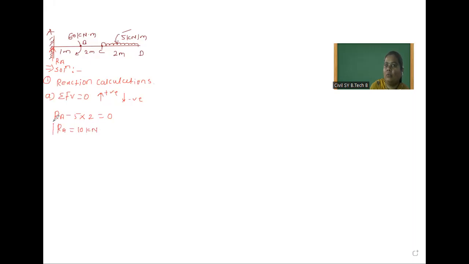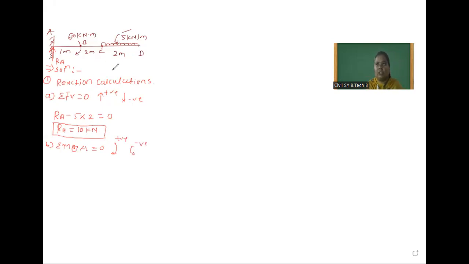After that, we have to apply the second condition, that is summation of moment at A equal to 0. Whenever we take moments for reaction calculation, clockwise moment we will consider positive and anti-clockwise moment we will consider negative.